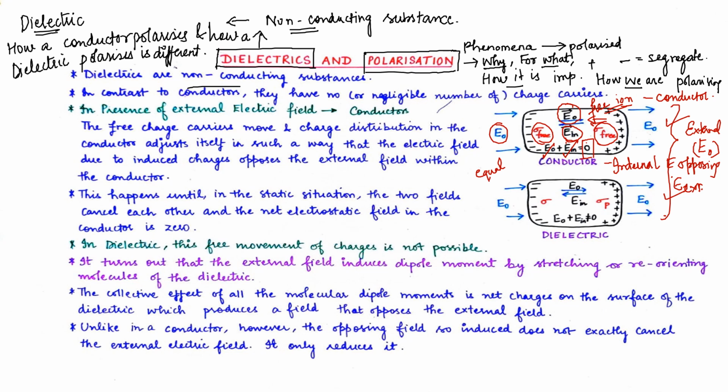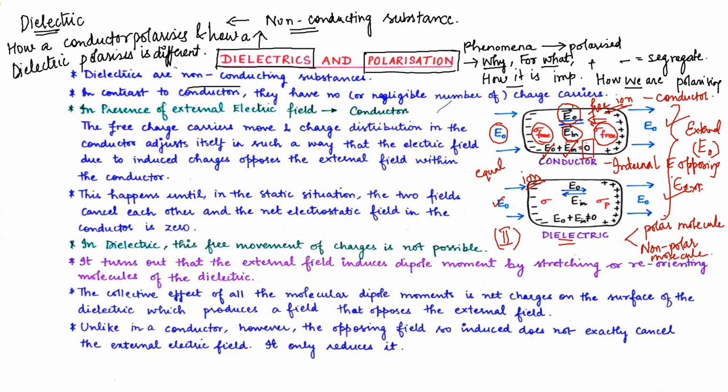Now see the case of the dielectric, the second case. The same external field is provided and we have the same ions inside. But these dielectrics have two types of molecules in them. One are the polar molecules which make up the dielectric, and the other are the non-polar molecules which make up the dielectric.